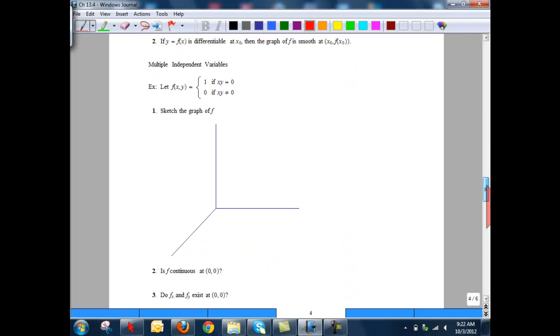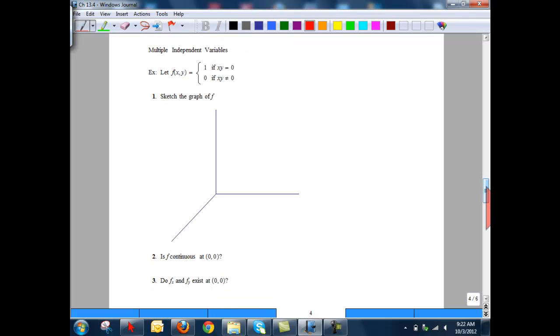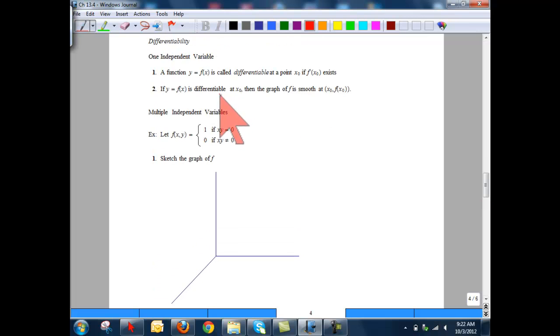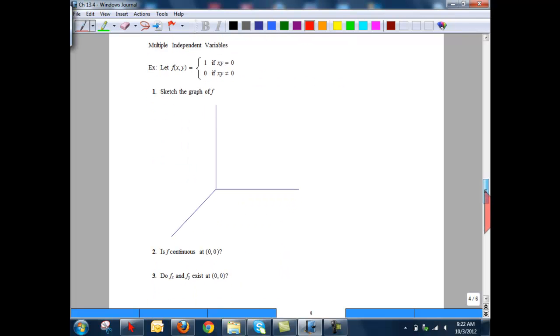So in higher dimensions, let's see if the same thing applies. Well, first of all, there are two partial derivatives now to discuss. If f is a function of x and y, there's partial f partial x and partial f partial y to discuss. Let's look at this weird definition. Here's x, y, z. Now I want to talk about the function of two variables that's 1 if x times y equals 0, and it's 0 if x times y is not equal to 0.